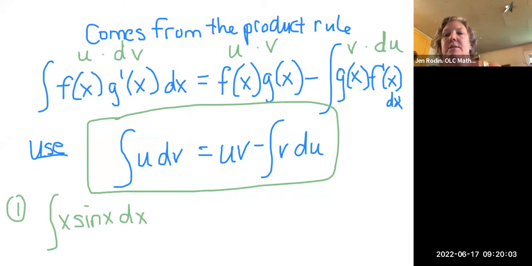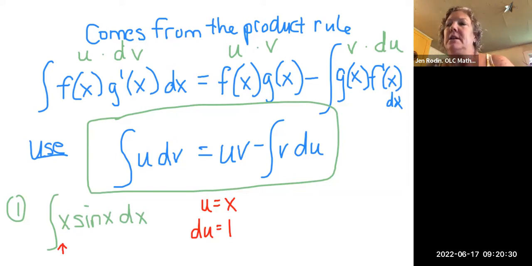So what we do is decide what u is going to be and what v is going to be for our formula. You can pick either one, but you usually pick the one that's going to have its derivative be simpler than the original. So I'm picking x, because the derivative of sine is just going to go over to cosine, remember?